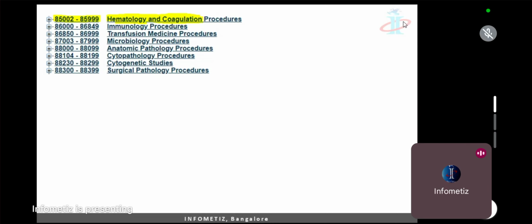CBC, complete blood count, in which automated HGB, HCT, RBC, WBC and platelet count and automated differential WBC count. 85027 is only CBC. So can I say 85025 is a combination of 85027 and 85004?